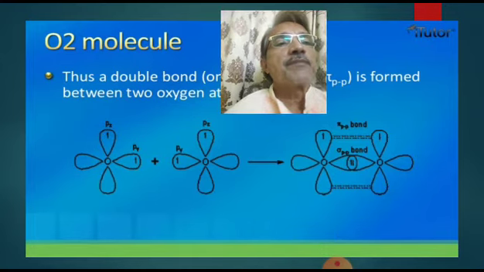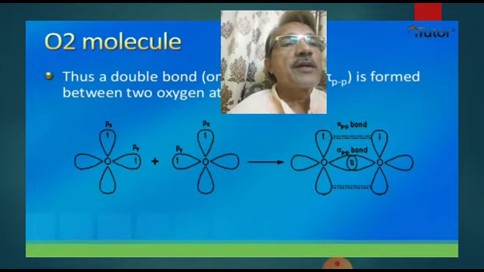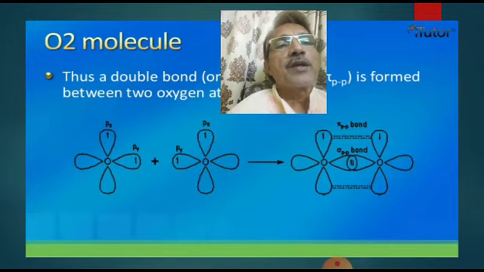You can see the formation of a sigma pp bond and a pi pp bond between two oxygen atoms. Here, two separate 2p orbitals of each oxygen atom are shown.